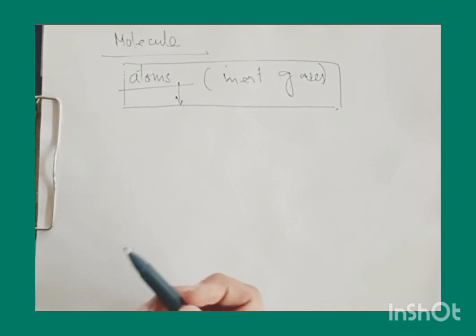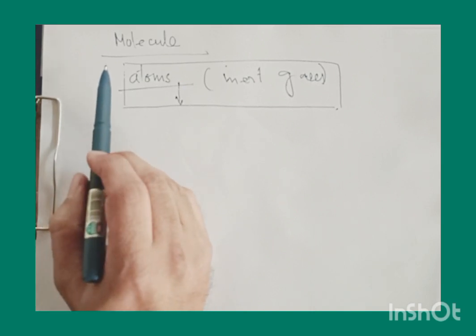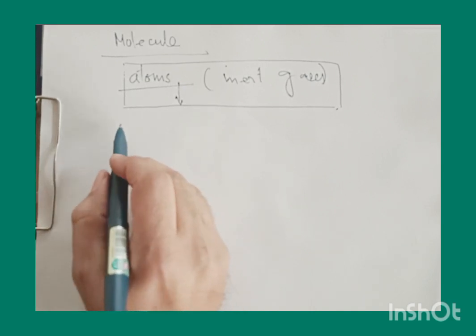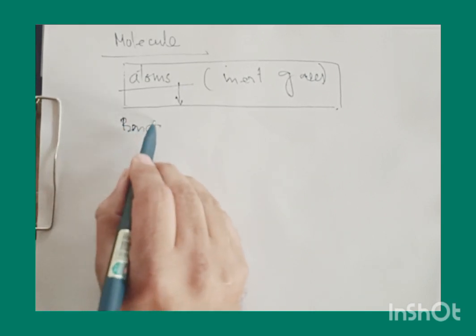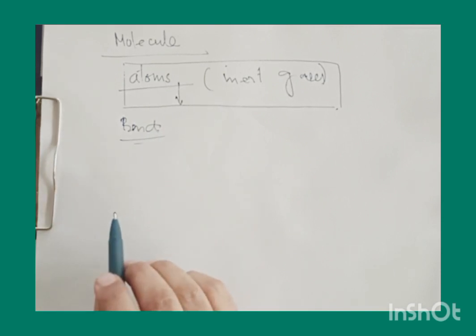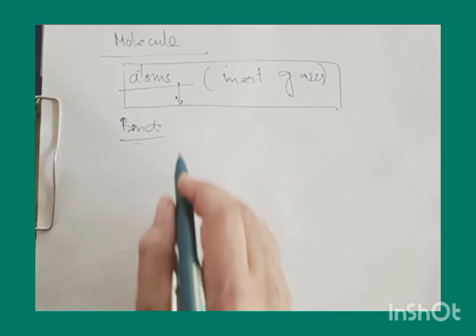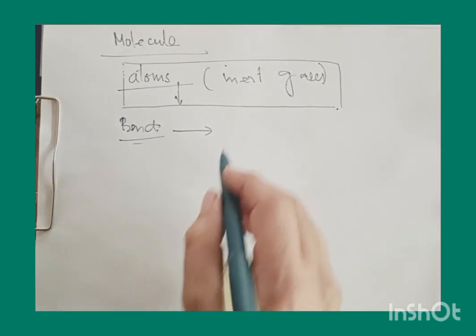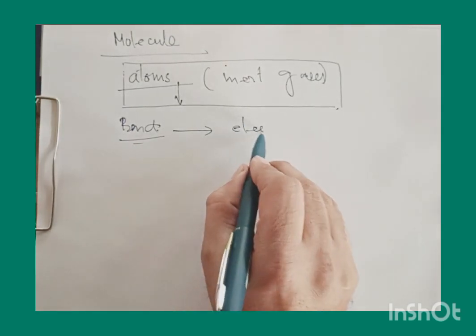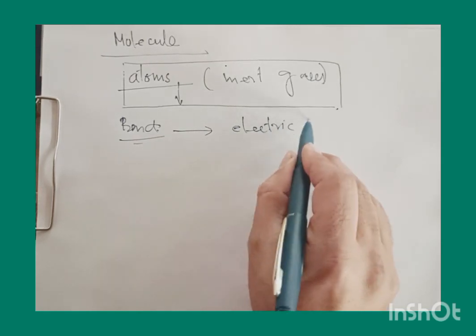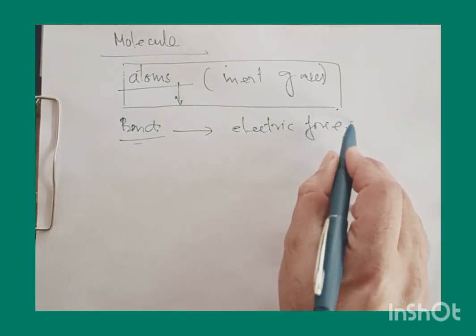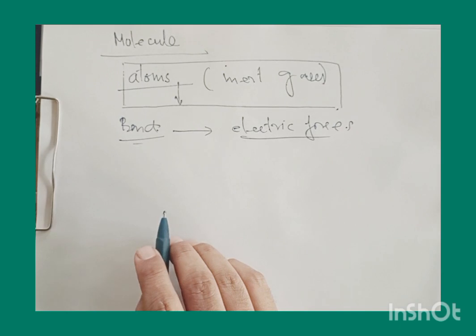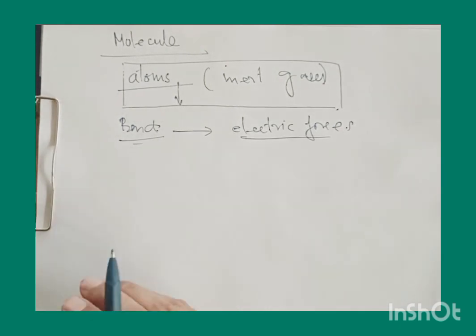Now, what we have in a molecule is what we generally call a bond. We talk about a bond, and we call it a molecular bond. And this bond is there because of electric forces. It's because of these electric forces that molecules are formed.